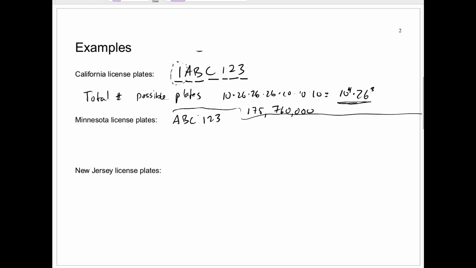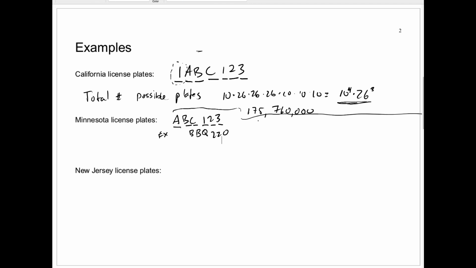Well, we need a 6-character string where the first 3 positions have to be from the standard English alphabet, 26 choices each, and positions 4, 5, and 6 can be digits. Here's another example: BBQ, that would be a nice one, 220.